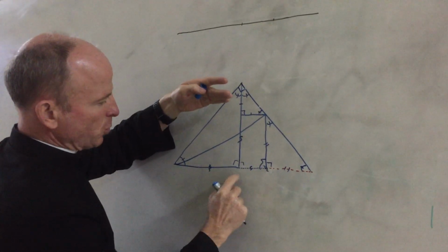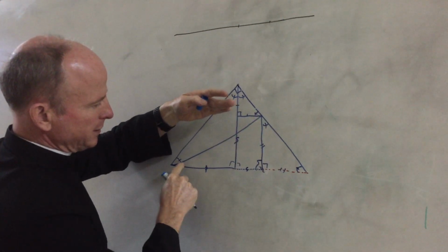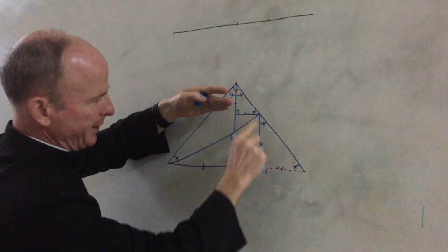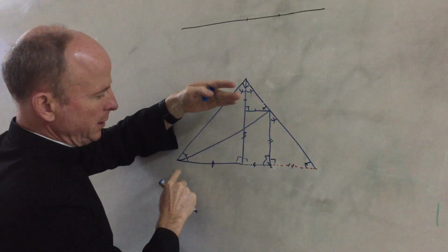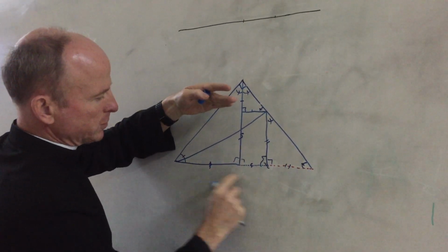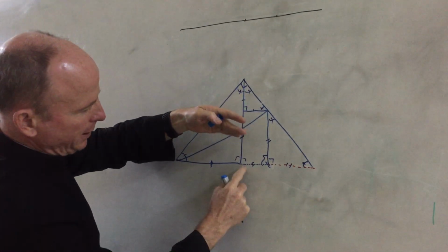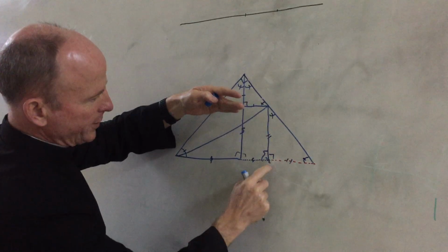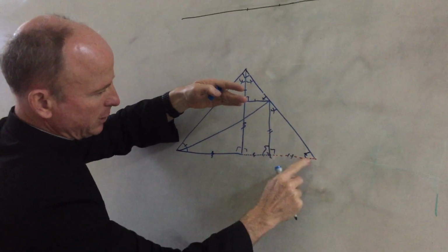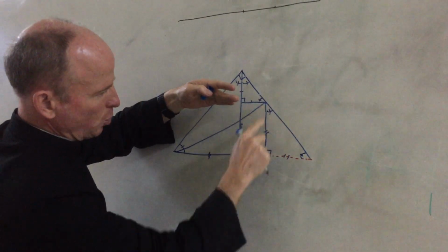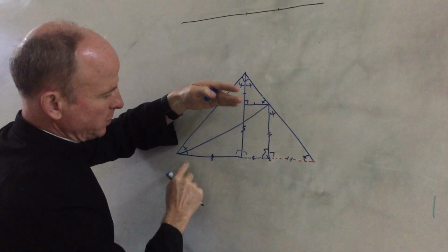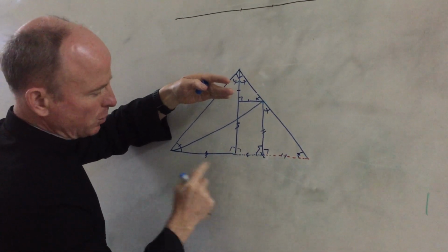So since double the square on this and double the square on this are equal to the square on this, and the square on this and the square on this are equal to the square on this, double the square on this and double the square on this are equal to the square on this and the square on this. Okay? But this is equal to this. So the square on this is equal to the square on this. So double the square on this, two things equal to the same thing are equal to each other.